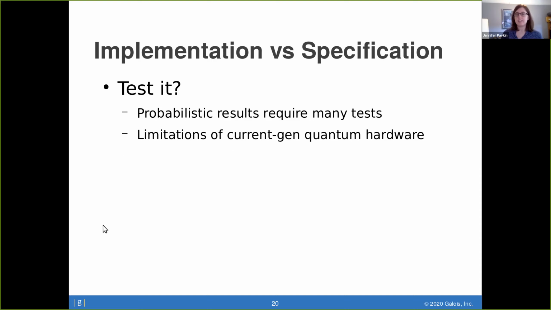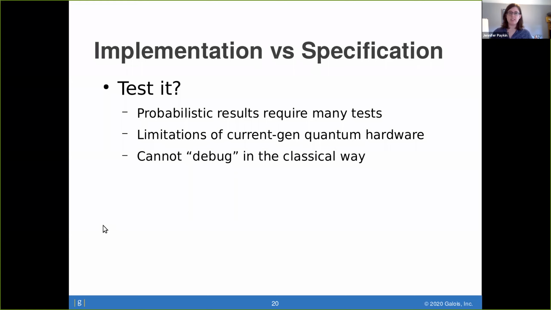On the other hand, if we were to run those tests in simulation, then we can't test for inputs of any large size, right? Because the state space would explode. We can't simulate arbitrary quantum programs. I'll also say a problem with testing is even if we find a test case, we can't debug it in the usual way.